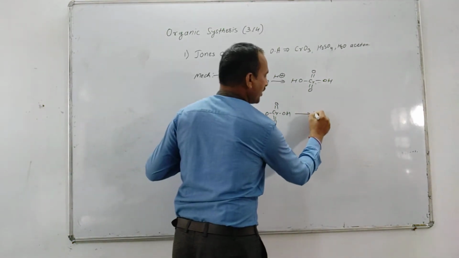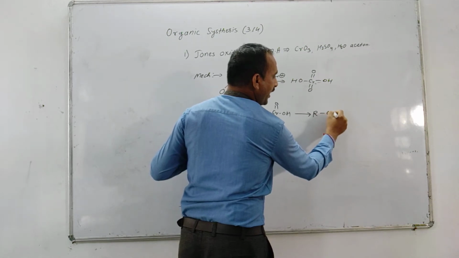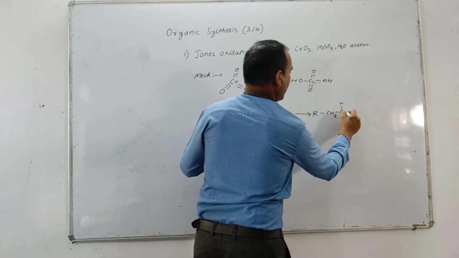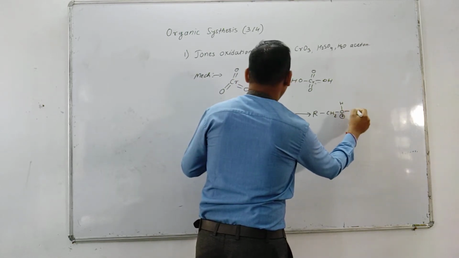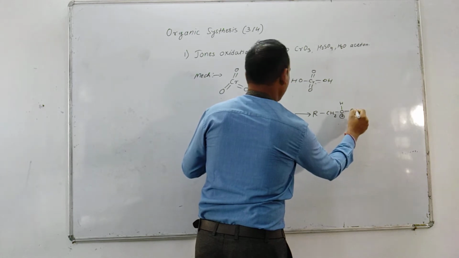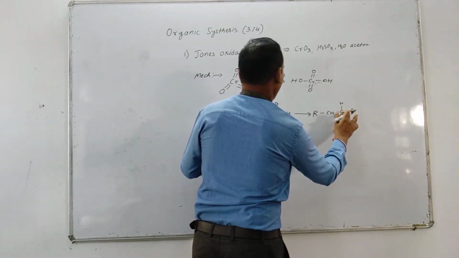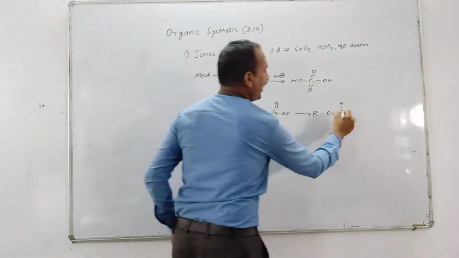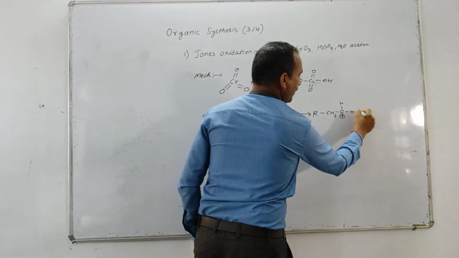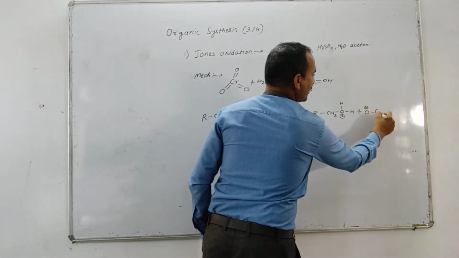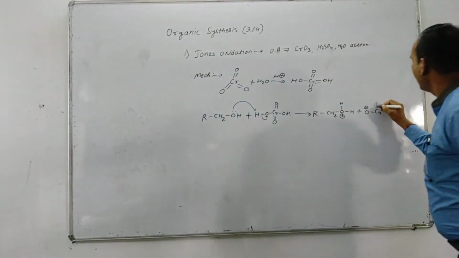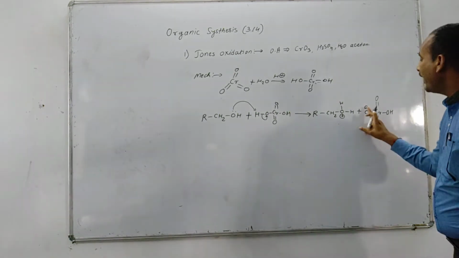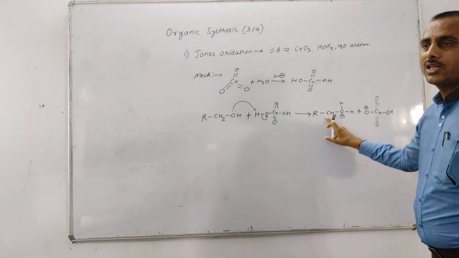It gives RCH2OH2 plus, and O minus Cr double bond O OH. Now this O minus attacks this carbon.